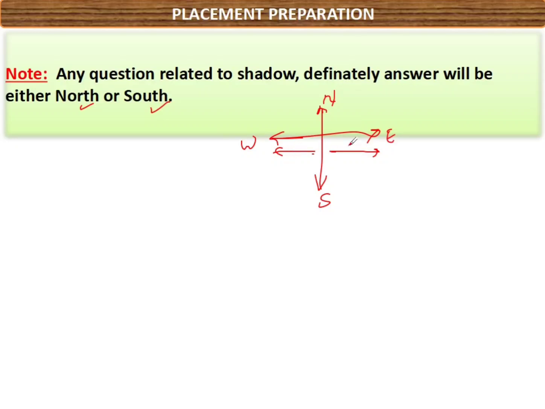This west and east should come towards my left or right, which means either I should be facing towards north or I should be facing towards south. That's it. Then only this will be towards my left or right. So that's why your answer will be either north or south.